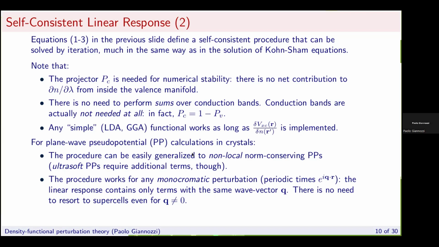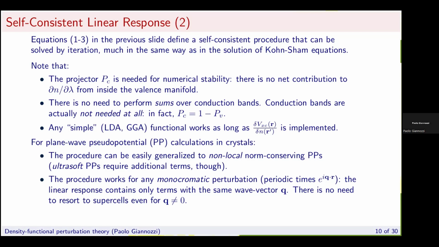And also, all this machinery works for monochromatic perturbations, the perturbations that appear as a periodic function times a wave vector factor, exponential of i times a wave vector scalar product R. What happens is that linear response at linear order contains only terms with the same wave vector.